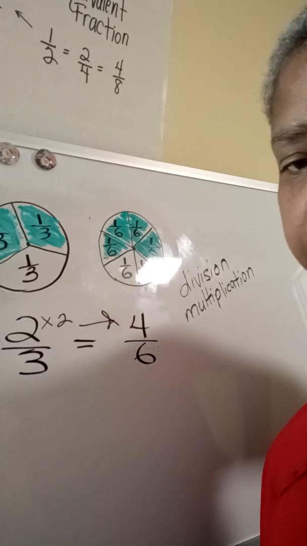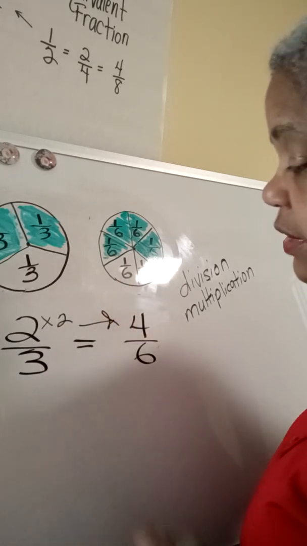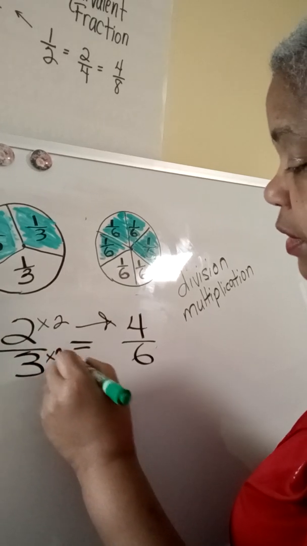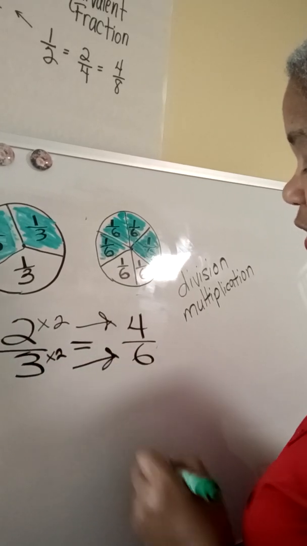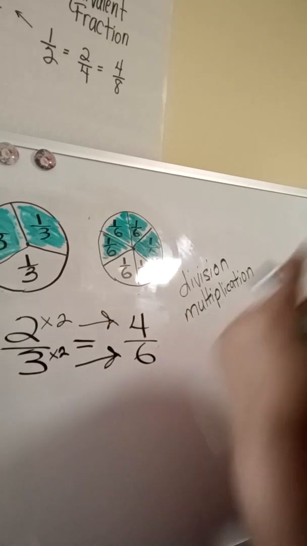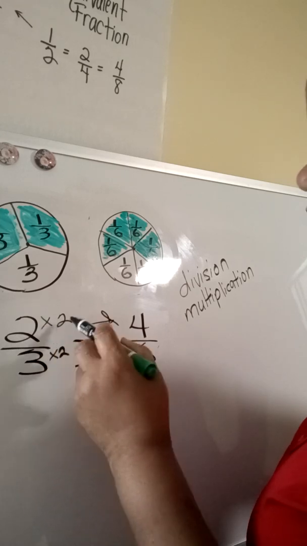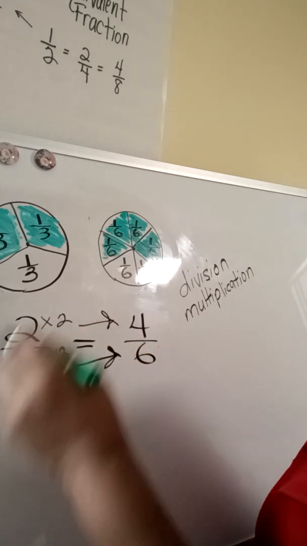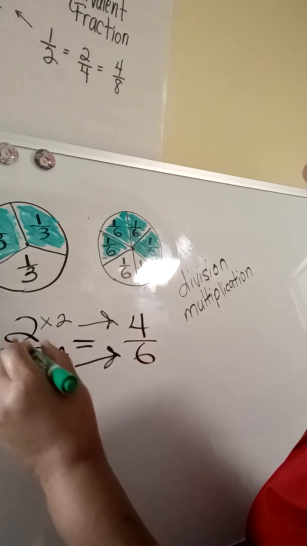Whatever we do to the numerator, remember we have to do the same to the denominator. So we're also going to multiply that by 2, which would give us our denominator of 6 on this side. So let's look at that. So we have 2 times 2 is 4, 2 times 3 is 6. That shows us that these are equivalent fractions.